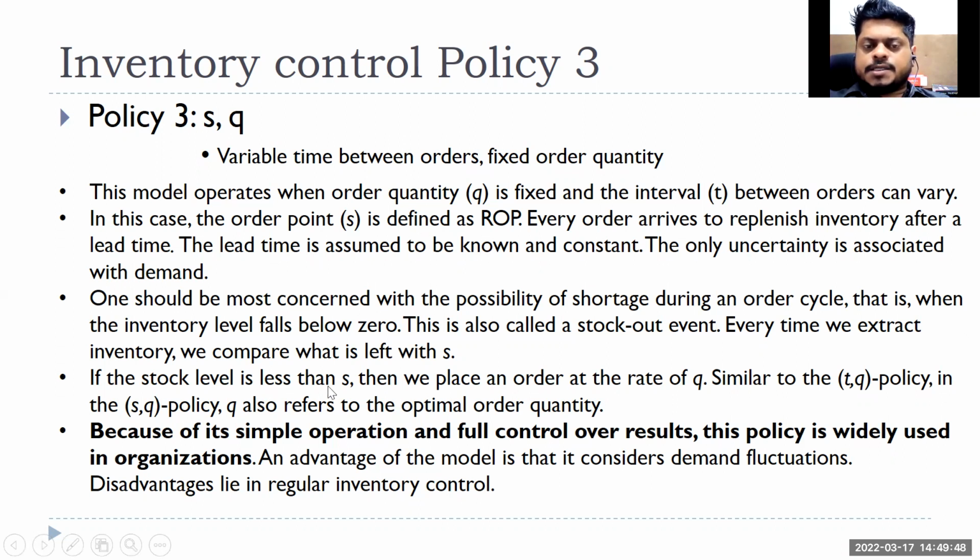If the stock level is less than S, then we place an order of quantity Q, similar to the fixed order quantity policy. Q also refers to the optimal order quantity. Basically, you will have an agreement with that supplier, right? If there is a variation in Q on the higher side, the supplier will always agree to the additional quantity, unless there is a problem with the manufacturer.